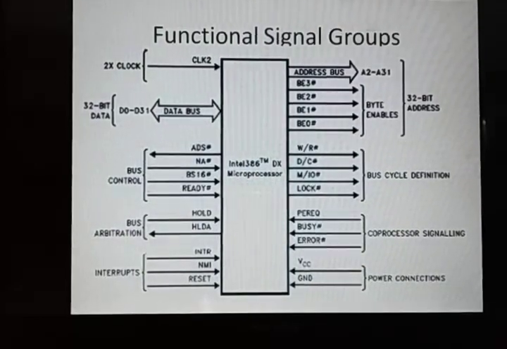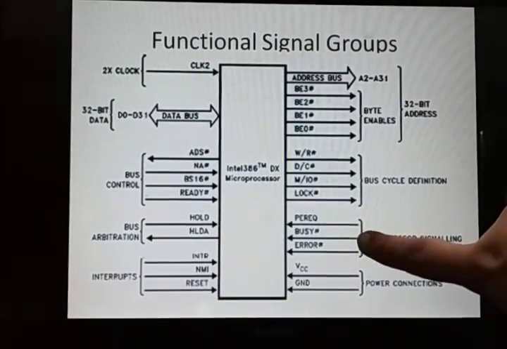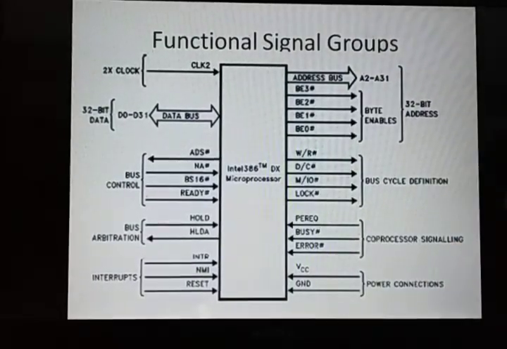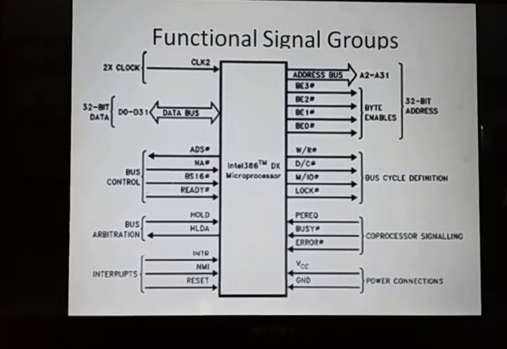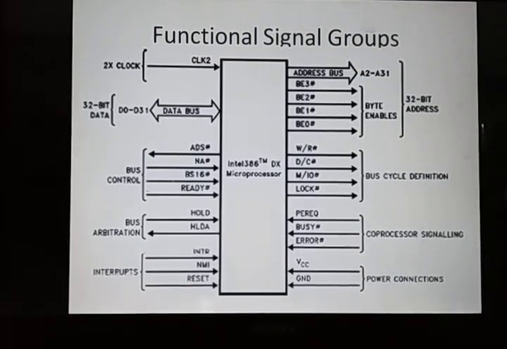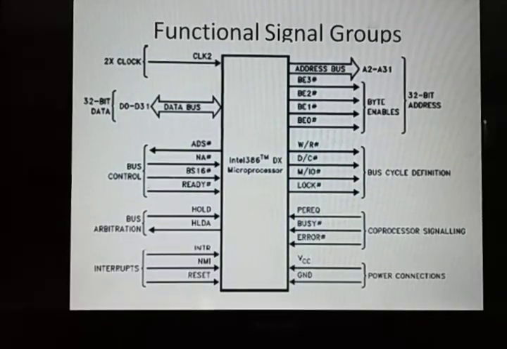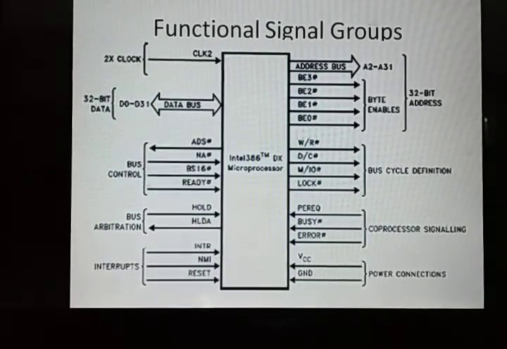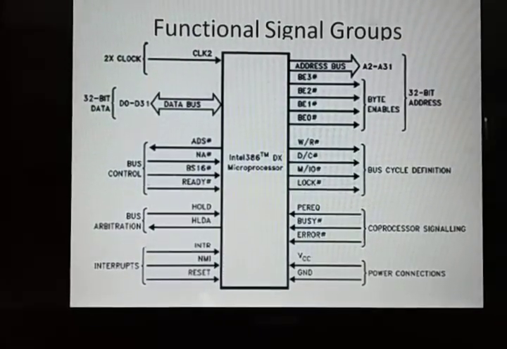Your next pin is the busy pin. You can see this pin here in the pin diagram, the busy pin and the error pin. The busy pin input signal indicates to the CPU that the coprocessor is busy with the allocated task, and the error pin indicates to the microprocessor that an error is detected by the coprocessor while executing an instruction.